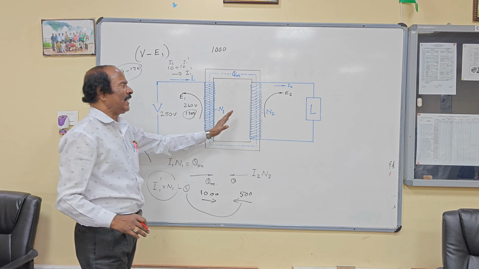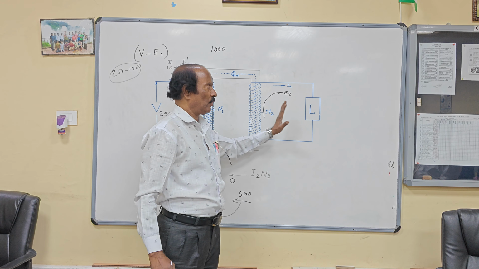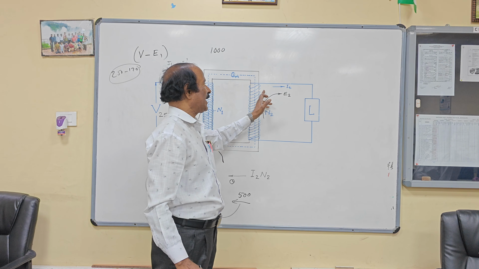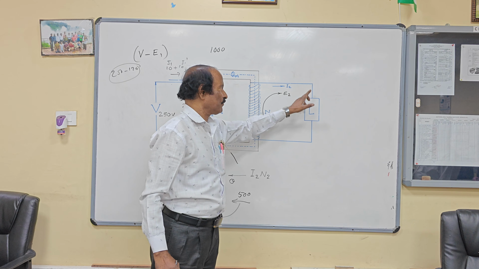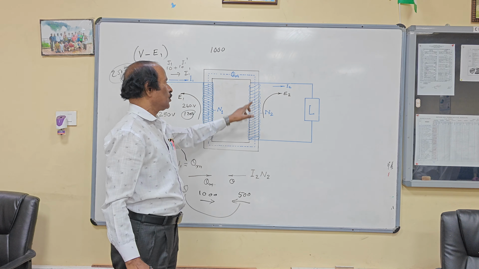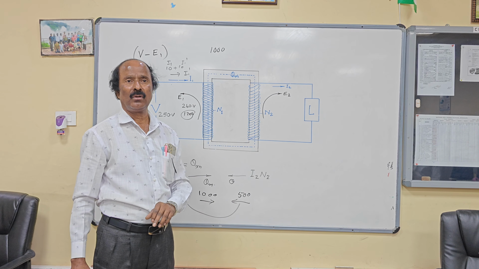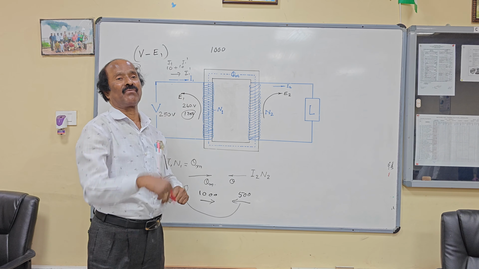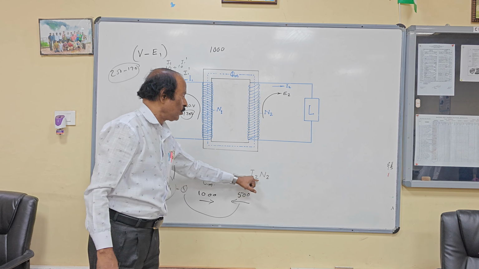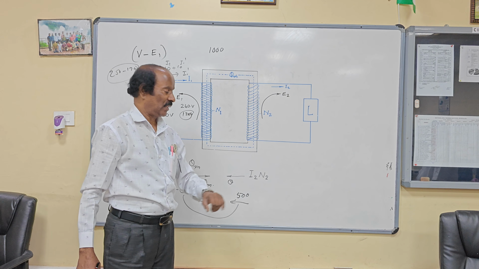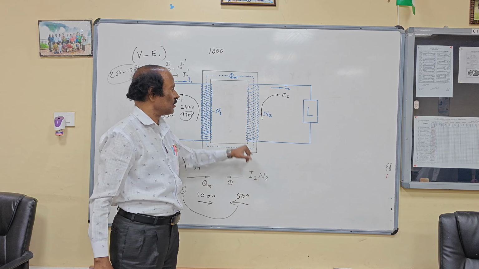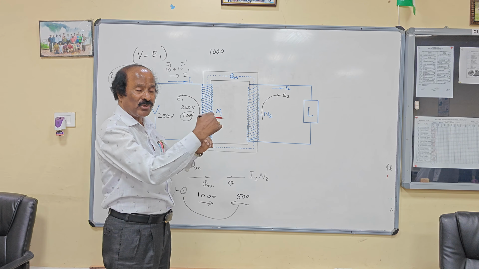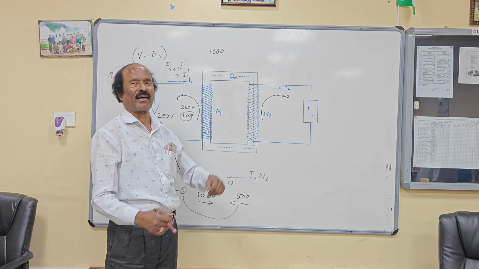Now, when the secondary gets loaded, there is a current I2 which flows through the load as well as through this secondary winding also. When the secondary gets current, that will also produce the flux which is called I2N2. The nature of this flux induced in the secondary winding is opposite in nature to the mutual flux.